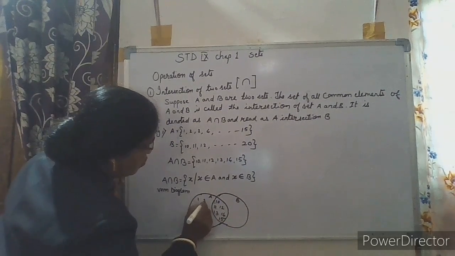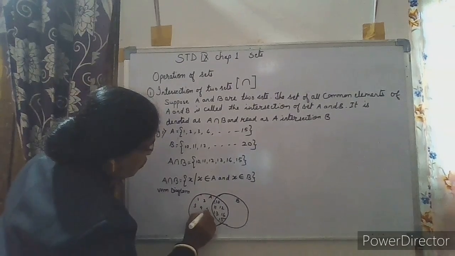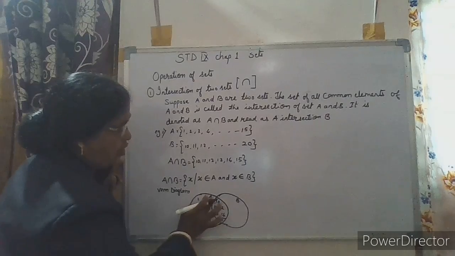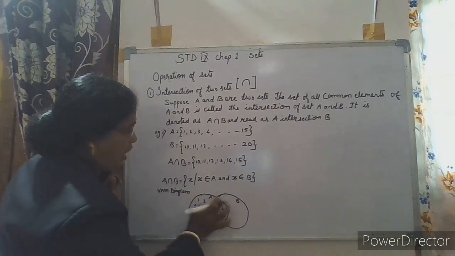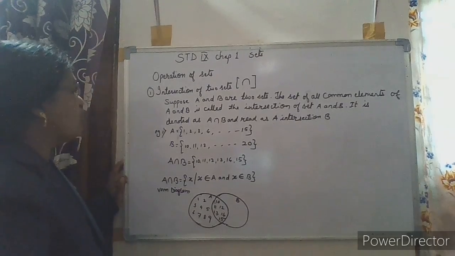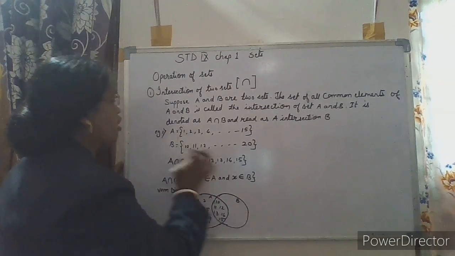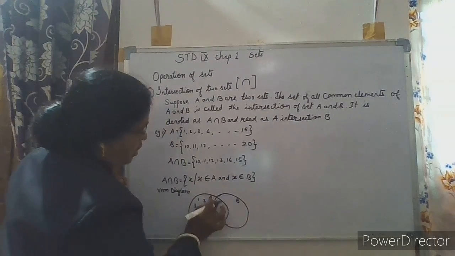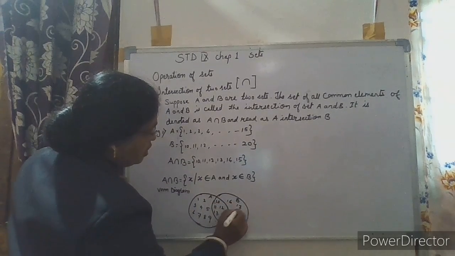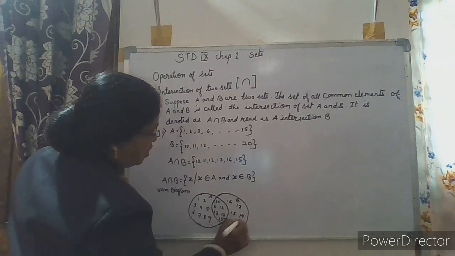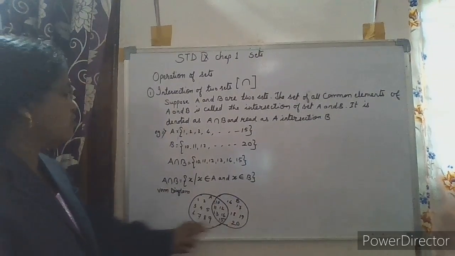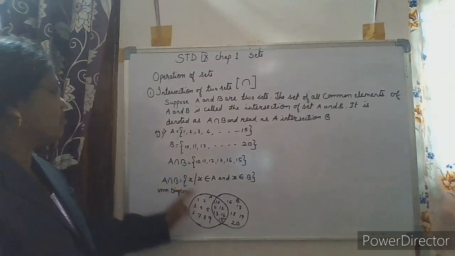So 1, 2, 3, 4, 5, 6, 7, 8, 9, 10, 11, 12. So set A is containing 1 to 50. Now set B has the elements 10 to 20. 10 to 15 is here already. 16, 17, 18, 19, 20. So this is the Venn diagram for A intersection B.